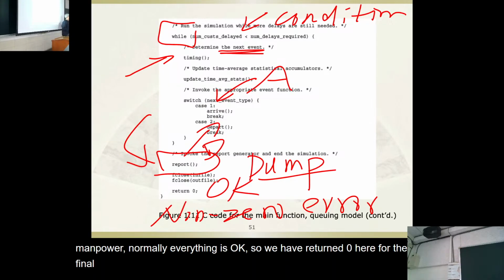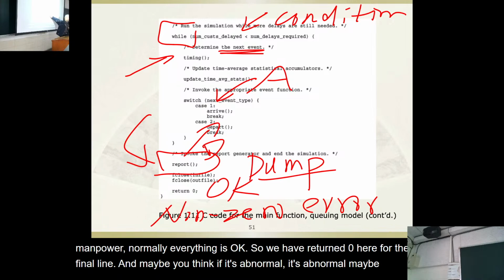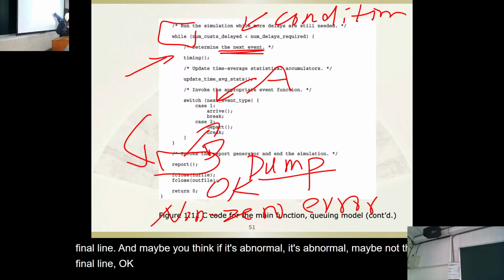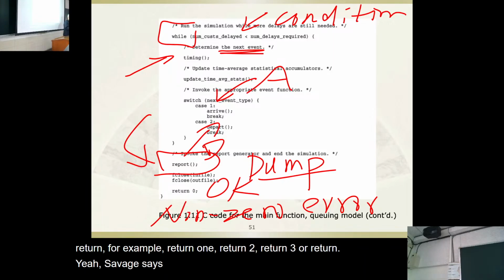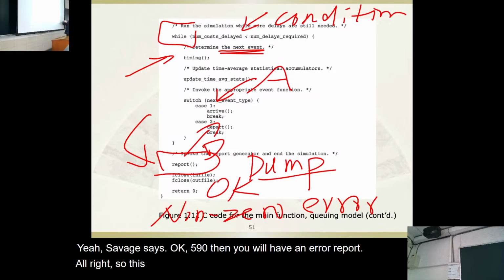And maybe if it's abnormal, it's not the final line, maybe before this, here. Break, and something wrong, so return, for example, return 1, return 2, return 3, or others. Non-zero will give an error report. Alright, so this is the main program.